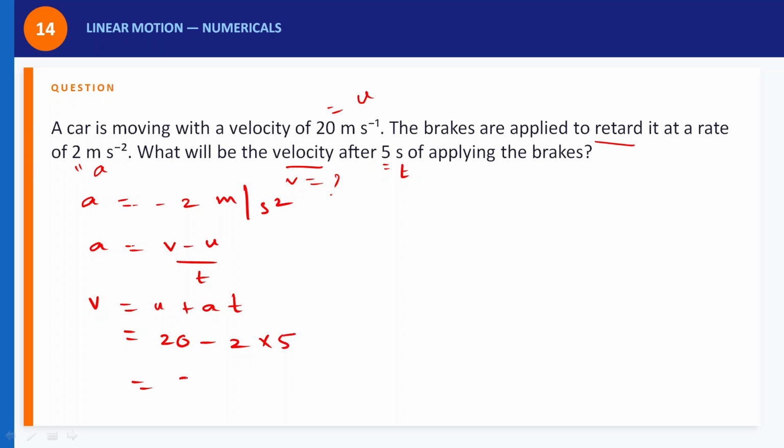That equals 20 minus 10, and v equals 10 meter per second.